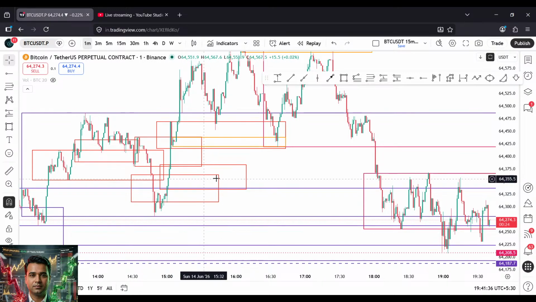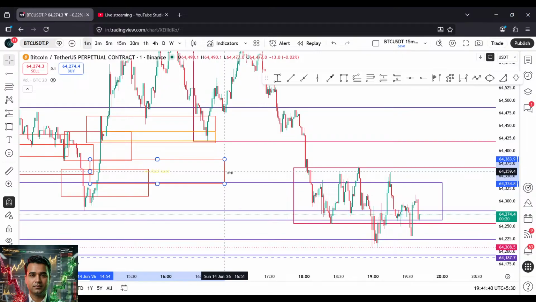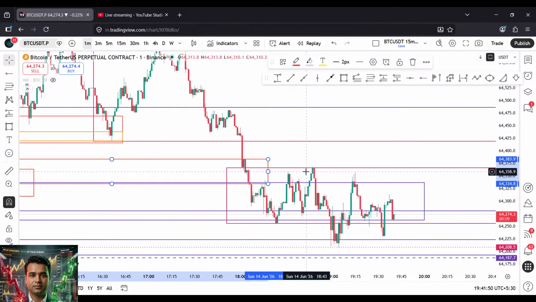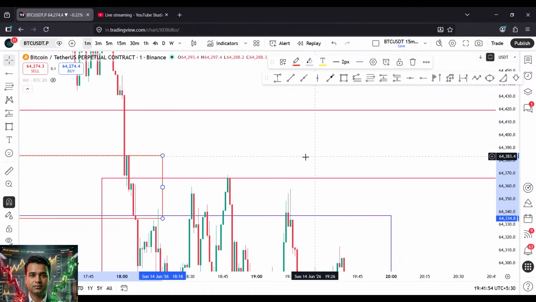Look at, focus on this swap, this one. If you forward it, where is its DP? This one. Price came down, entered this zone and pulled back, right?